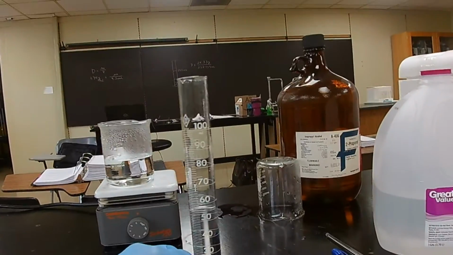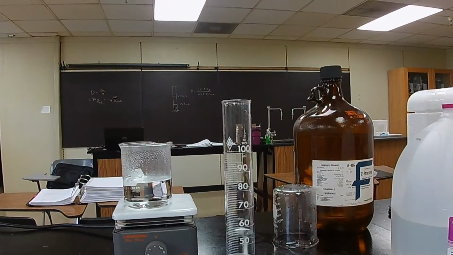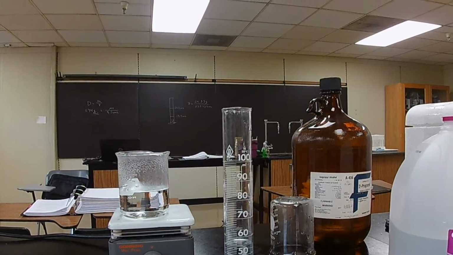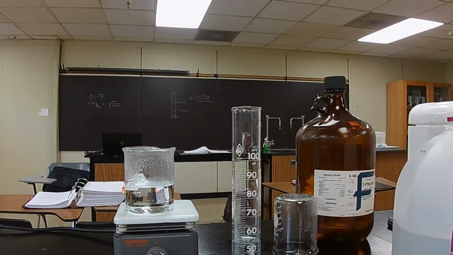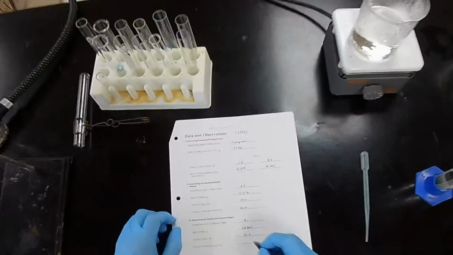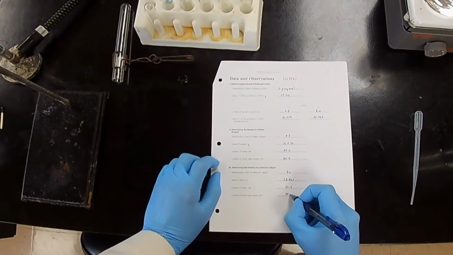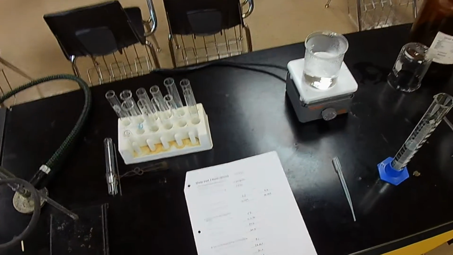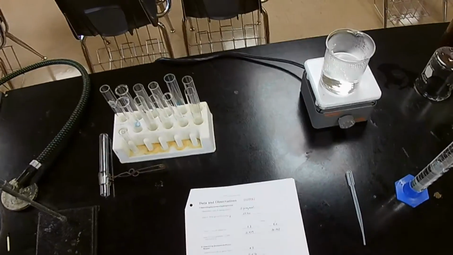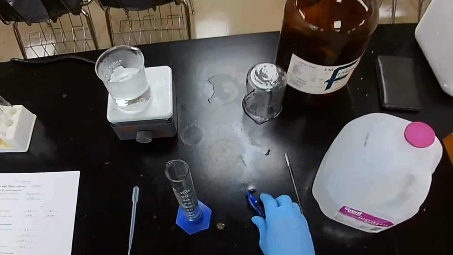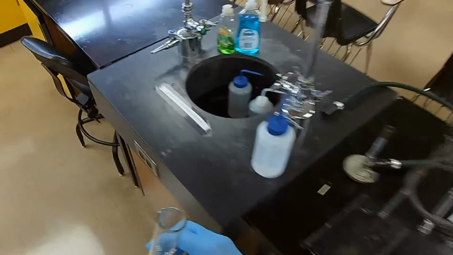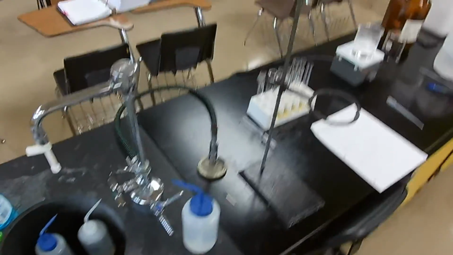Now, let's check our volume at eye level. 51, 2, 3. Sitting right on 4. 54.0 milliliters. Okay, that's all the data we need. The rest is calculations and answering questions. So let's retrieve our zinc. Now the method calls for the instructor to give you a list of densities for the objects.